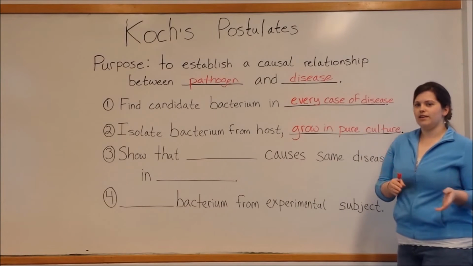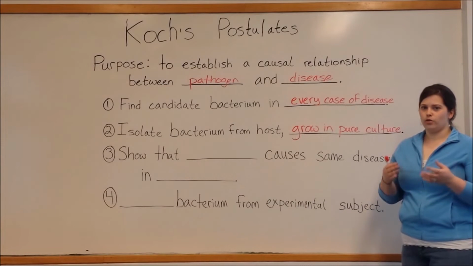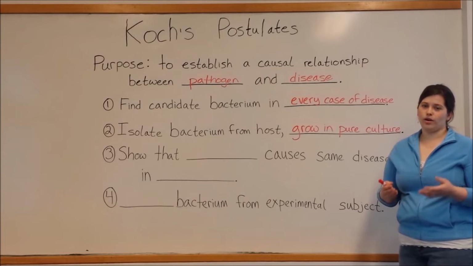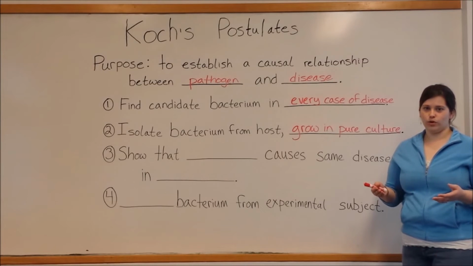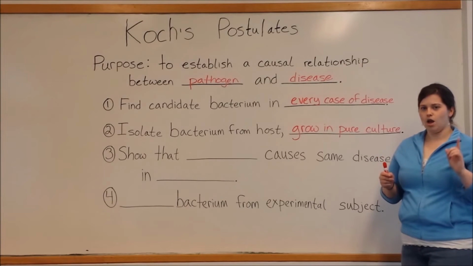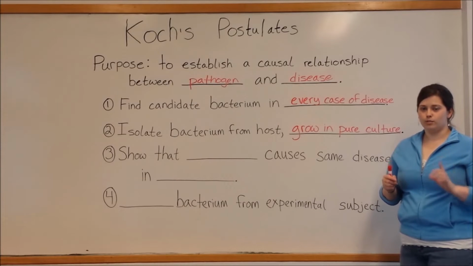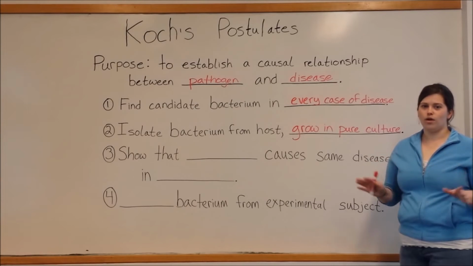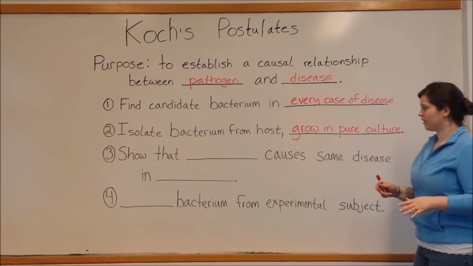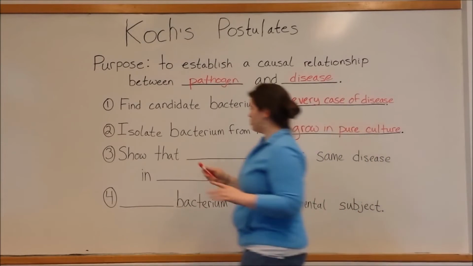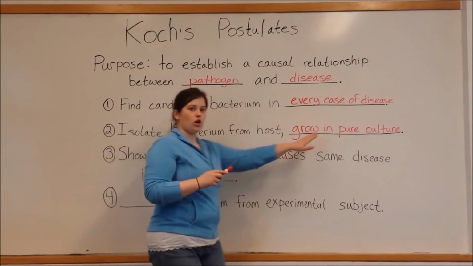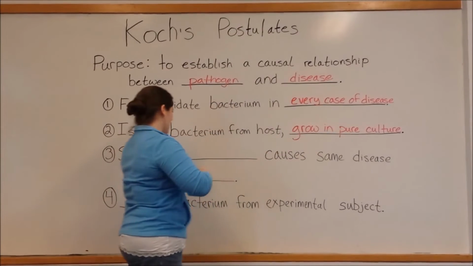That means you have to isolate the bacteria from the host and grow it on agar media or in liquid media in a laboratory where you know that you are growing just that one species of bacteria and no other contaminating species.